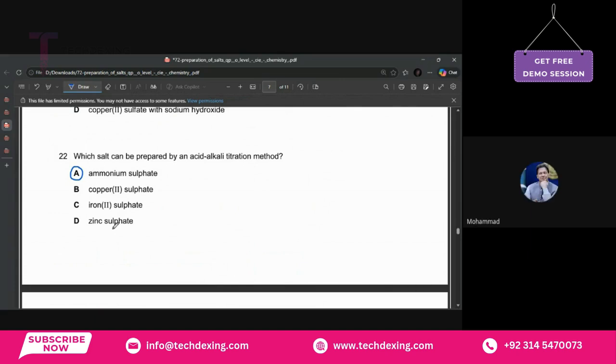What about iron sulfate? Will it consist of any insoluble starting material as well? It will be prepared by reacting iron metal or iron oxide, which is insoluble, with sulfuric acid. And what about zinc sulfate?